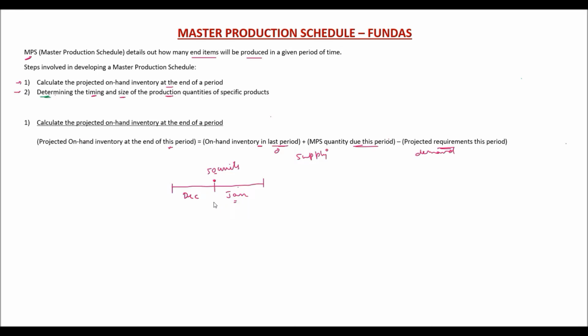Now, if there is some other supply which is going to get delivered in the month of January, it could be the MPS. So let's say that we are planned to receive 100 units as part of the MPS planning. So in January, your MPS quantity is equal to 100 units.